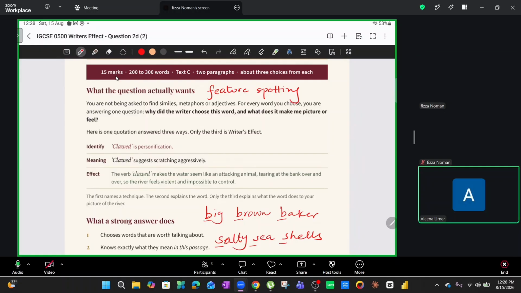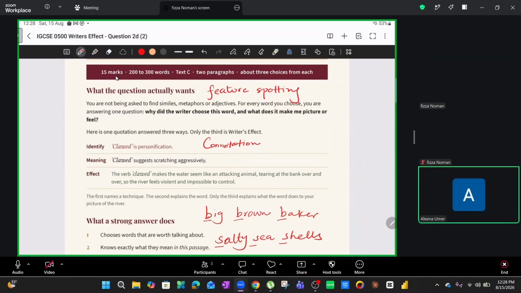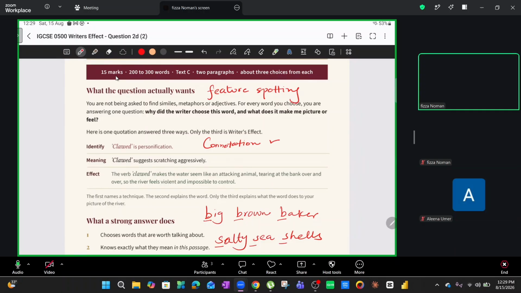And then lastly, how do we create effect? The verb clawed, you see, we have no idea how it's being used in context. So this is where your understanding of connotation will come in. Remember connotation and denotation? Your understanding of connotation comes in: in what capacity was it used?